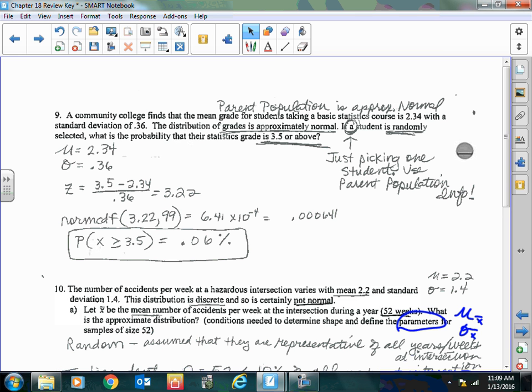It is important that you note that I knew it was a parent population question because it asked about just the probability of finding one student. So the probability of finding one student means I should use the parent population mean and standard deviation. And as far as conditions go, there are some that still have to be met.